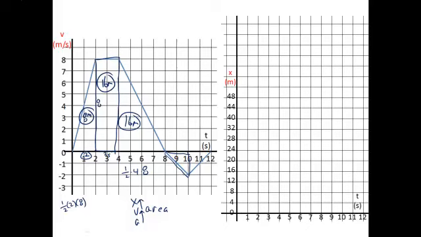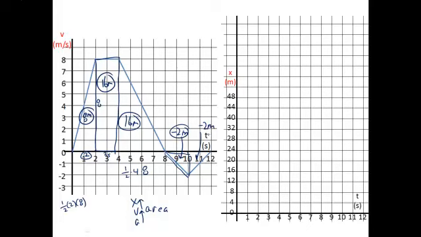I divide that by 2, so I'm going to get -2. I'll write that, -2 meters for this section. And then for this section, once again, a height of -2, a base of 2, so 2 times 2 divided by 2. So this area will still be -2 meters.